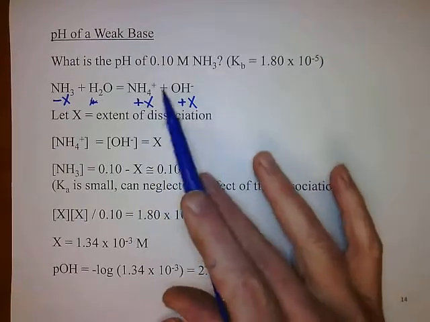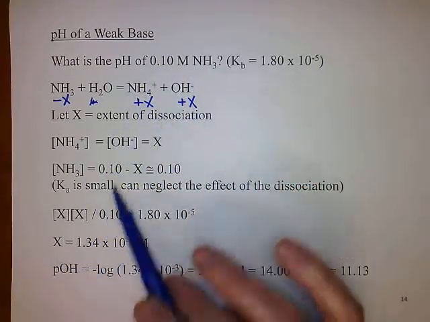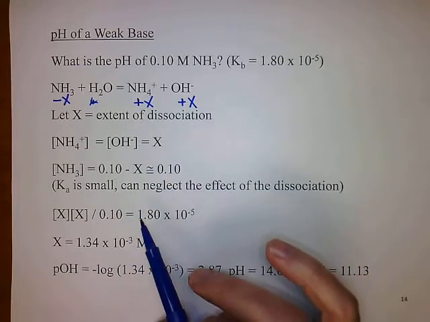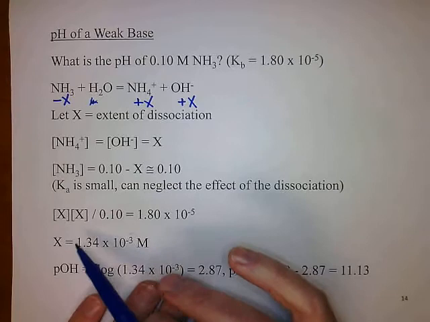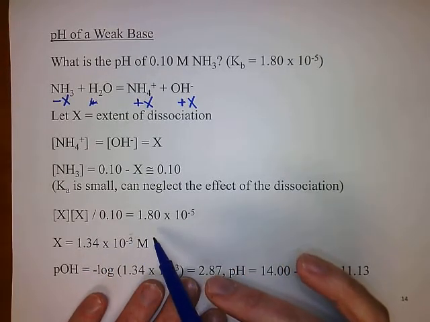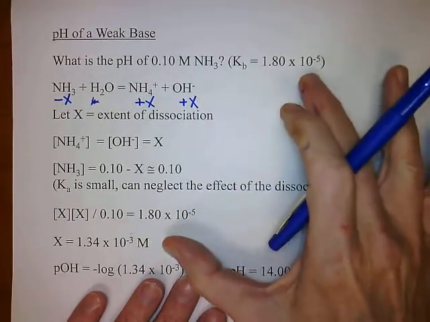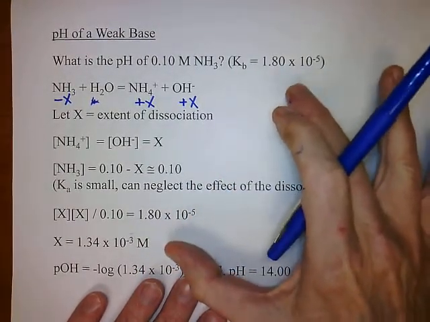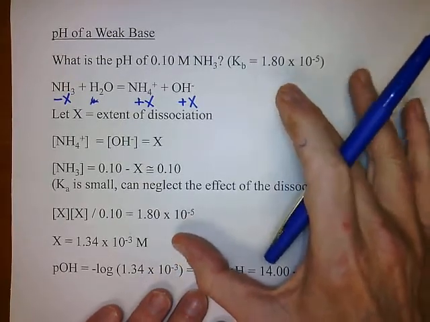So now the equation we have to solve comes down to X squared over 0.1 is equal to 1.8 times 10 to the minus 5. Solve it, and you get X equals 1.34 times 10 to the minus 3. So far, because the K's are the same, these are exactly the same numbers as in the last example.